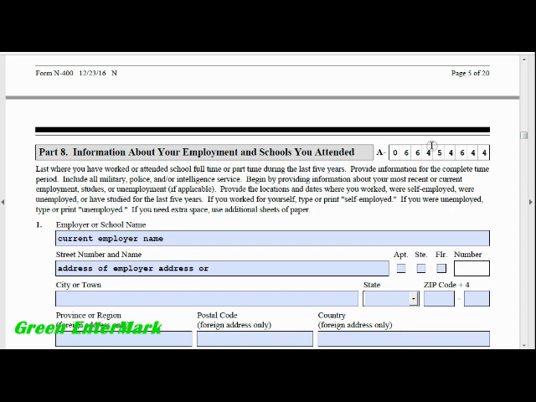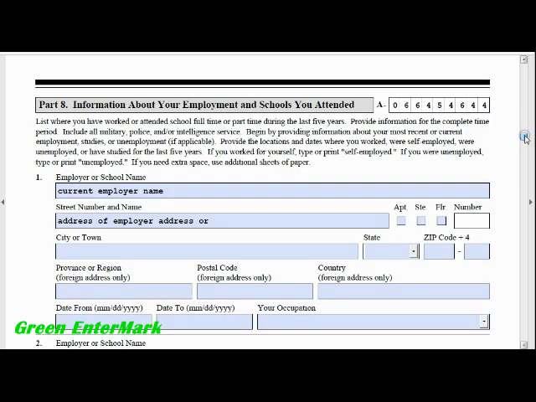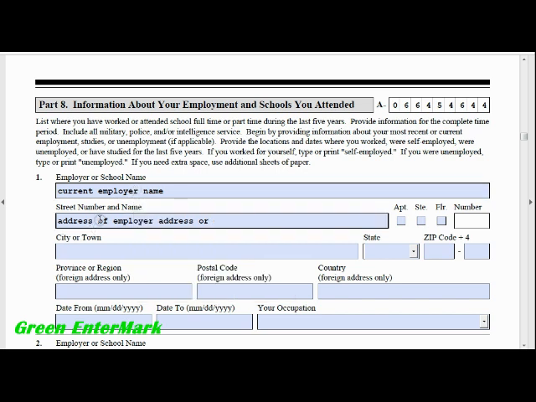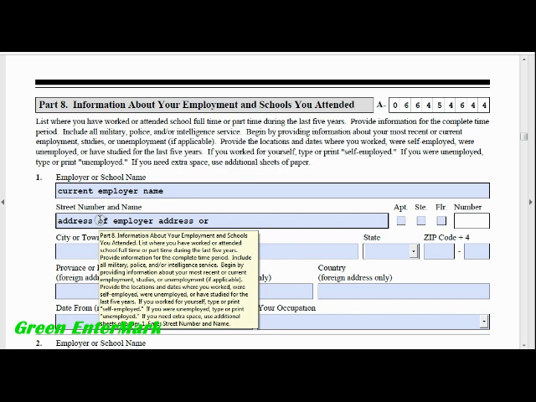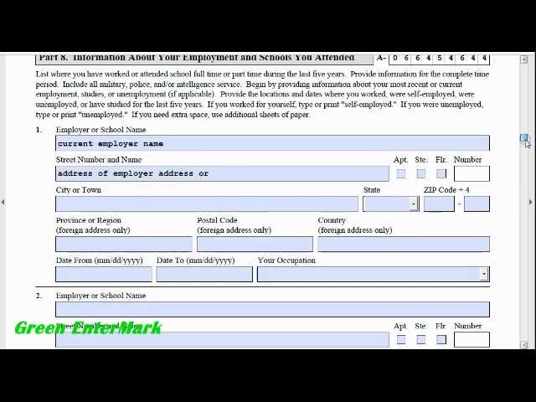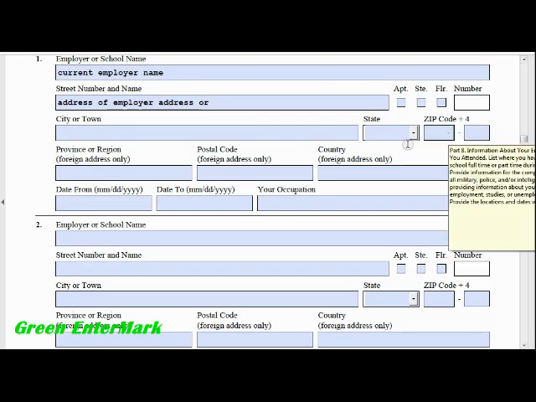If you are doing a job, you have to mention it here. And if you are a student, you have to mention the school name here. Then the address of your employer or company or your school, okay, and city, town, state, zip code.